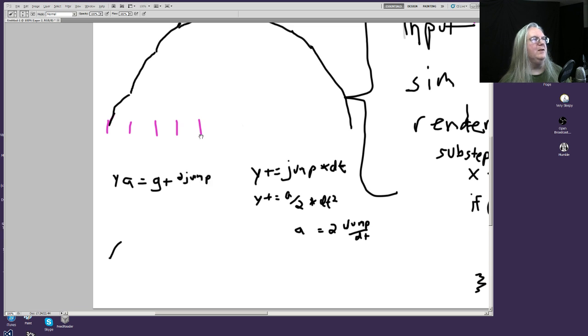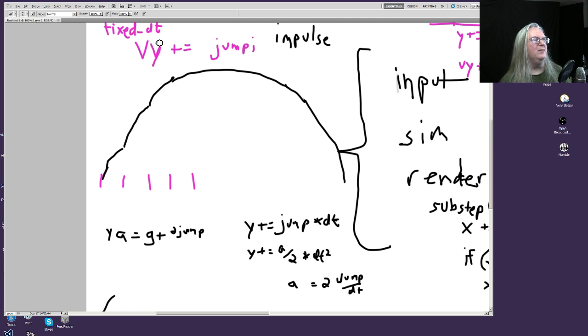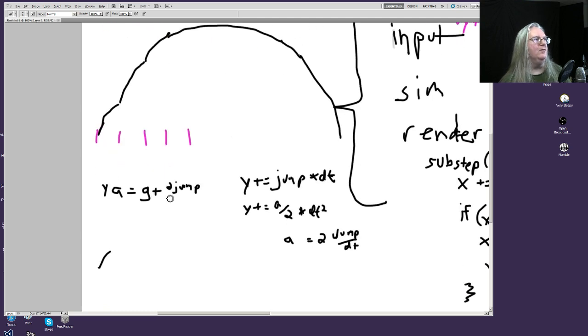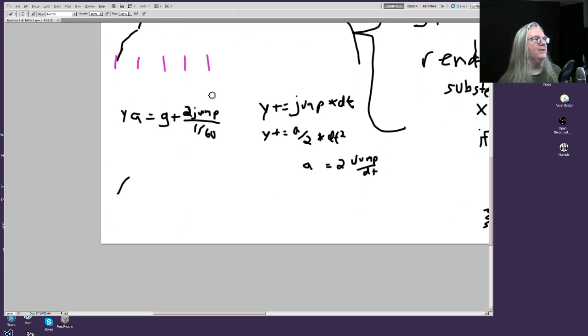And we said we had tuned this so it worked at the frame rate of 1/60th, but that's no longer our frame rate. We're not going to assume that. So this is 2 times jump over 1/60th. So if we set the acceleration of that for a whole frame, we'll get the same effect even if our frames are different.